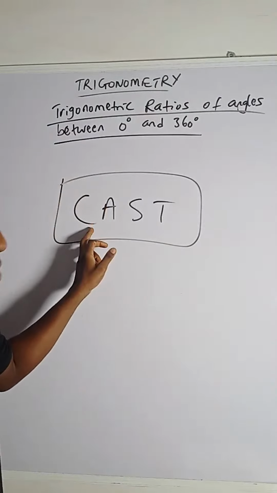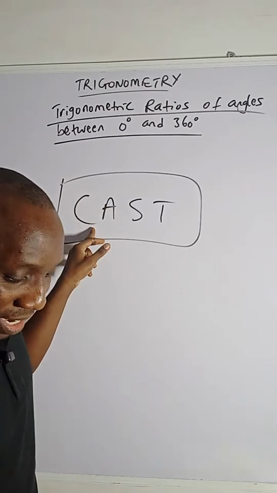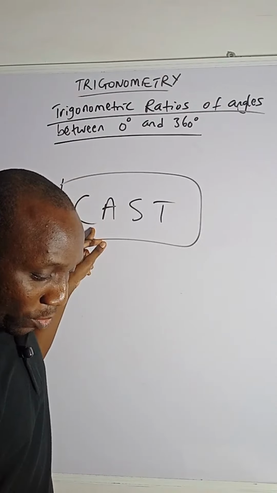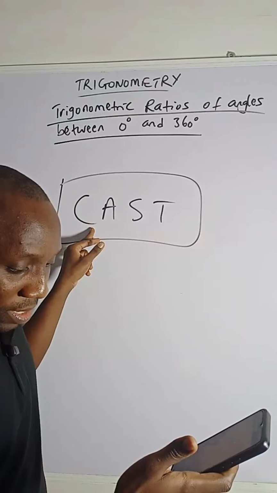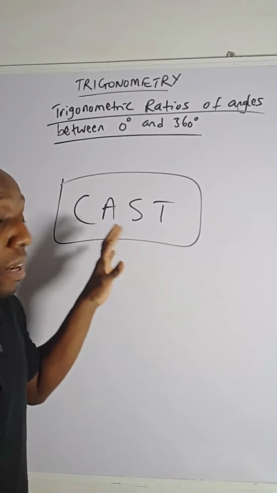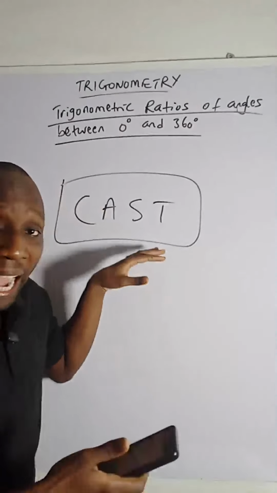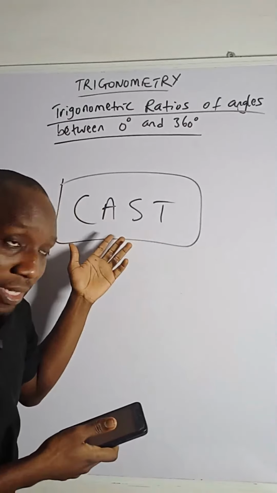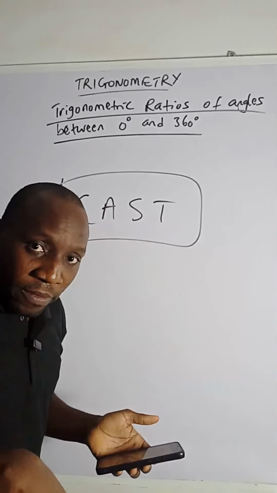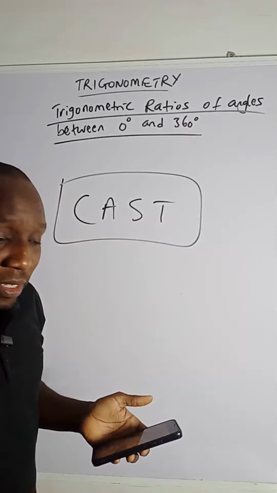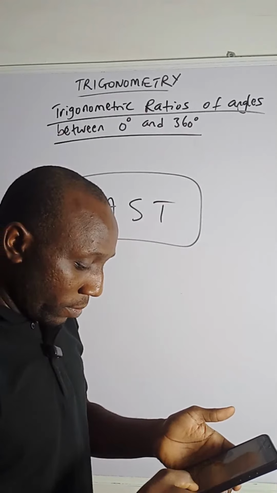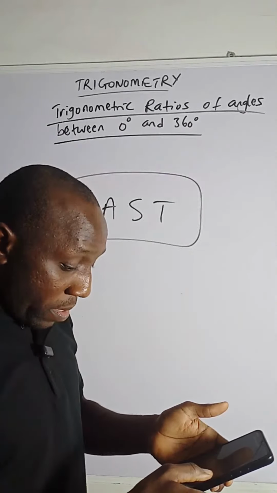Okay. How many of you know this? Do you know what CAST is? We will talk about that when I get there. I'm here where we'll now start talking about which trig function is positive or negative in which quadrant, okay? Are you with me?